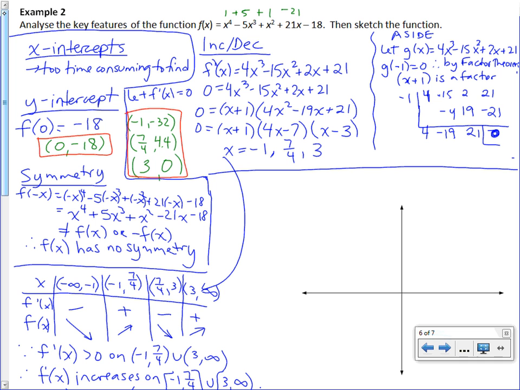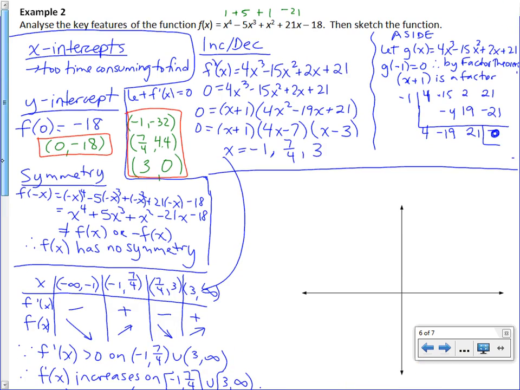Okay, guys, this is a learning experience, because this probably happens to you on a test. Oh no, things are not making sense. So let's go back. I'm feeling pretty good about this. We got numbers that worked. So the derivative was 4x cubed minus 15x squared plus 2x plus 21.